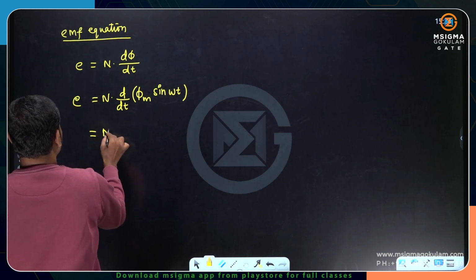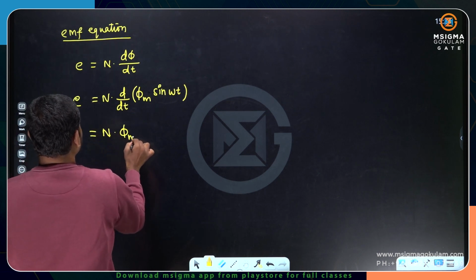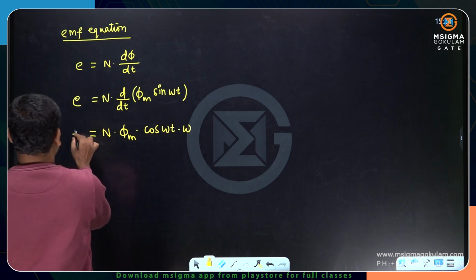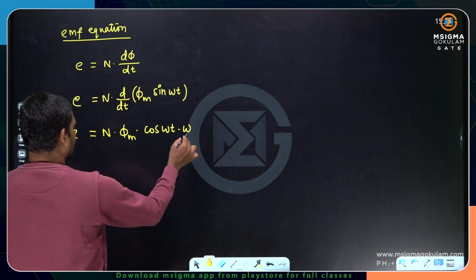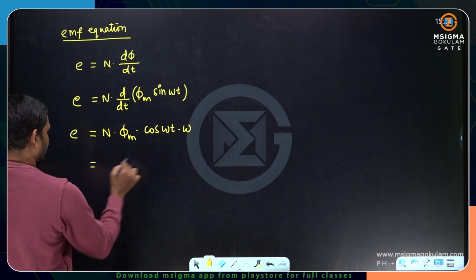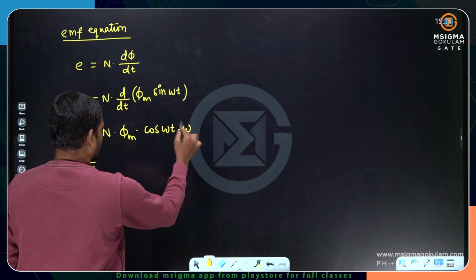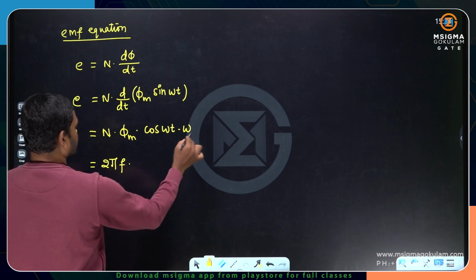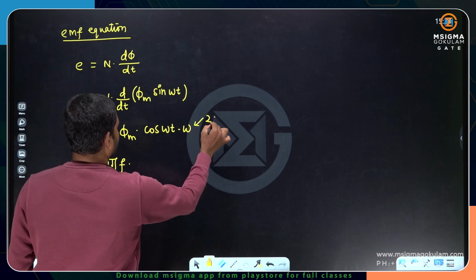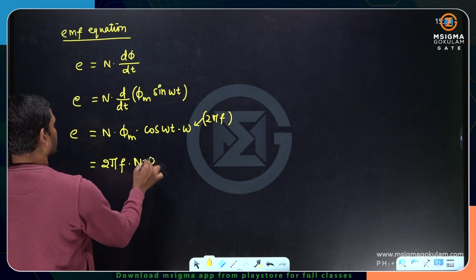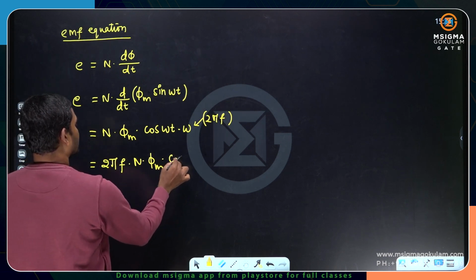If you take the differentiation of sine, it is cos omega t into omega. Now omega is an angular frequency. We can write it as 2 pi f. So I am writing this as 2 pi f into phi m into cos omega t.